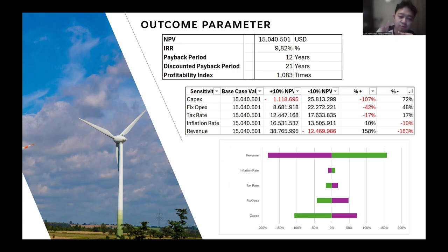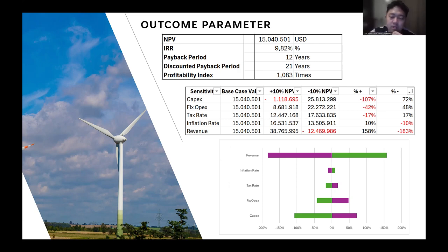So we set up the description of parameters: capex, fixed opex, tax rate, inflation rate, and revenue. We have the base value of the NPV, and then we do trial and error for each parameter, plus 10% and minus 10% from the locked value.